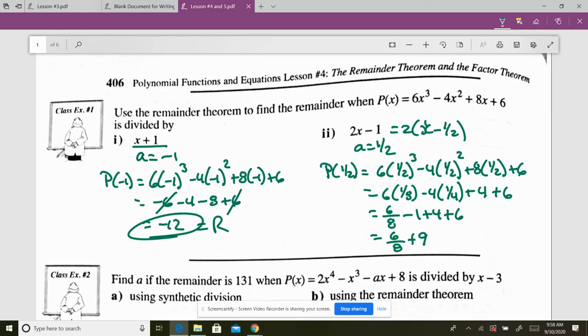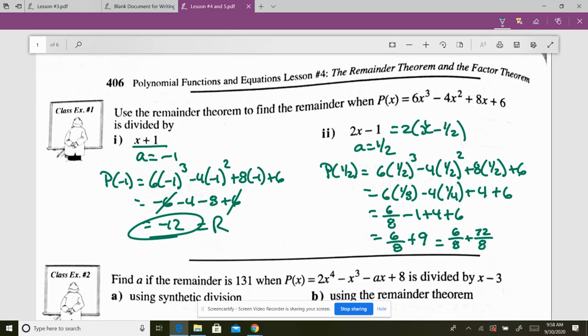How do you add fractions? Common bottom or common denominator, but same thing. So we got to make the denominator on the 9 and 8. So that means you multiply top and bottom by 8, right? It's 9 times 8. Yeah.